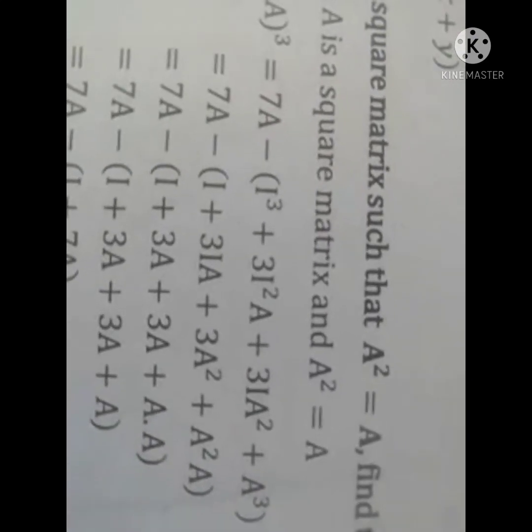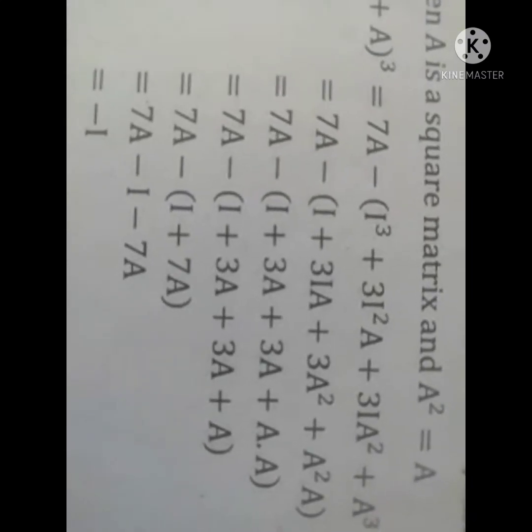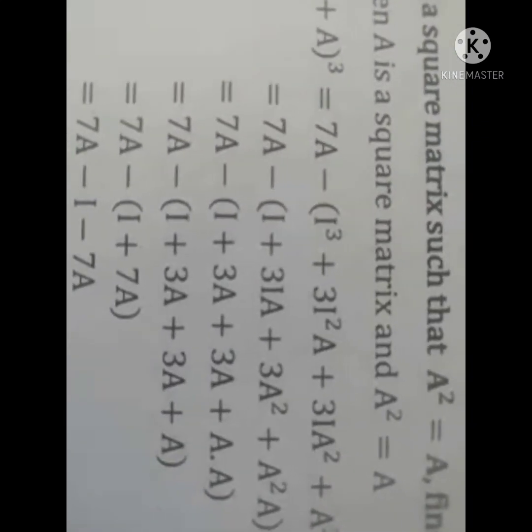So we can put A square as A. Finally we get this, so the answer is minus I. Substitute A square equal to A and I square equal to I.